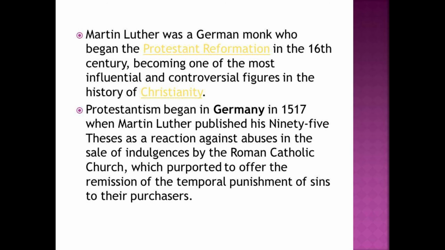He circulated printed copies of his work among the people not only in Germany but in other parts of Europe as well. The Pope ordered Martin Luther to withdraw his accusations or face punishment, but Luther refused. He was declared an outlaw and heretic. Ordinarily, those declared heretics were put to death by burning.